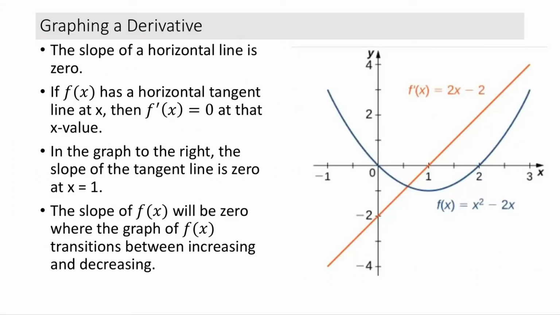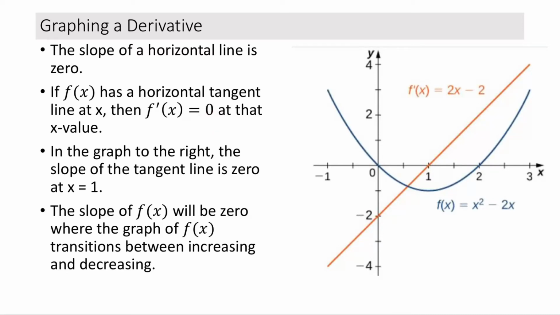We know that the slope of a horizontal line is zero. So if the function f of x, in this picture, has a horizontal tangent line at any of the x values along here, then we know that f prime of x is equal to 0 at that x value.